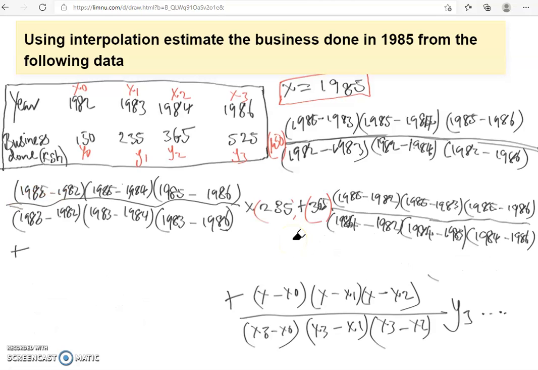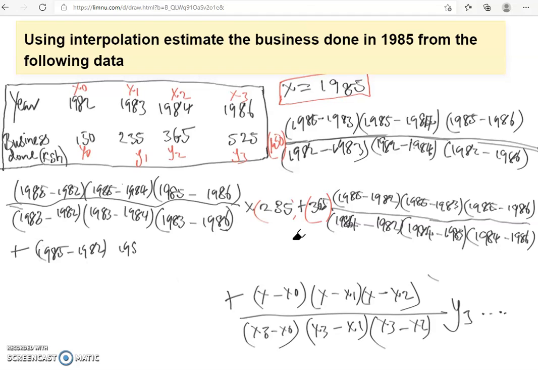So now the last value, because we need to make sure this is 4 terms. We've plugged in the values in the given formula, remaining with 1. So let us have that. The last one is x minus x naught. So we have 1985 minus 1982.